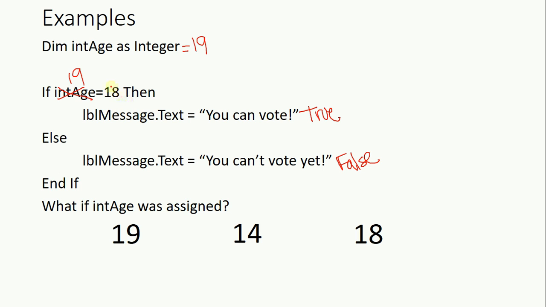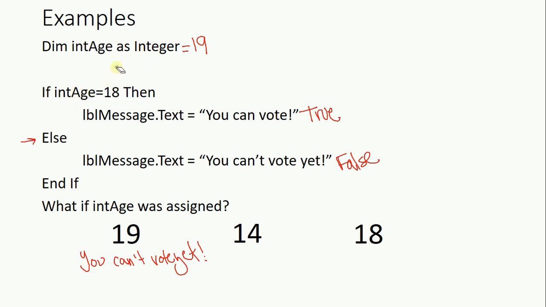Well, no, that's a false statement, right? So it's not going to run this. It's actually going to run what's inside my else. So in this case, on 19, it would say, you can't vote yet.